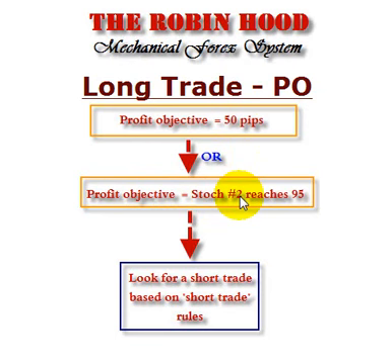This is very important: you do whichever happens first. If stochastic number 2 reaches 95, but the market has not moved 50 pips, you go ahead and exit the market. Or if your profit has reached 50 pips and stochastic number 2 has not reached 95 yet, you still exit the market at that time. After the profit objective has been reached, we look for a short trade based on the short trade rules, and we're going to cover these rules in the next video.